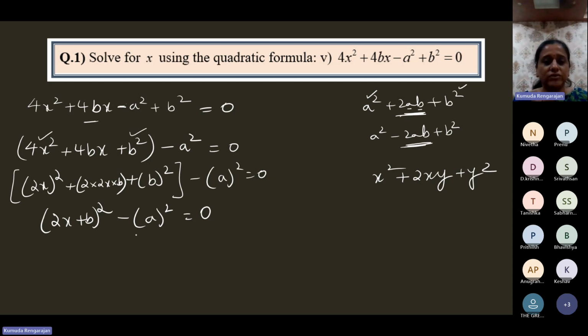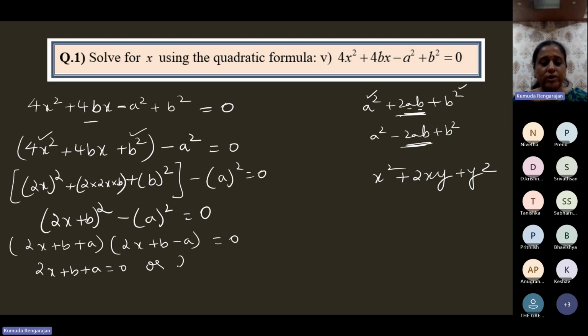Now this is a difference of two squares. x square minus y square is x plus y into x minus y. So the product is 0, which means 2x plus b plus a is equal to 0, or 2x plus b minus a is equal to 0.